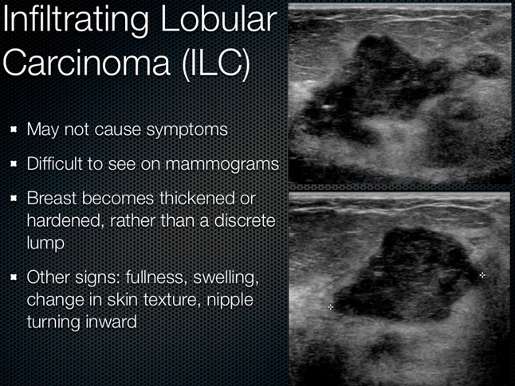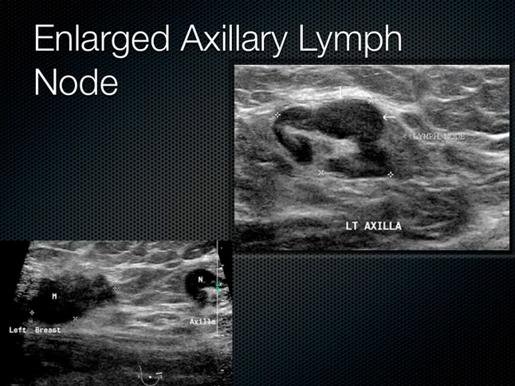It has a lower incidence and comprises less than 15% of breast cancers. It has a tendency to become more multifocal, so you can see it in different areas, with really the same prognosis as ductal carcinoma.